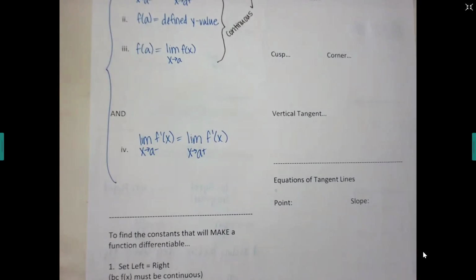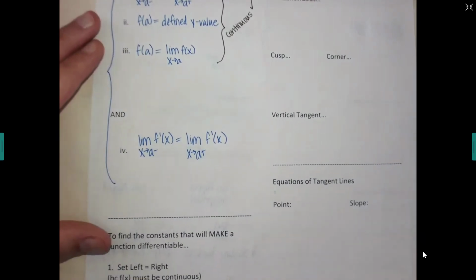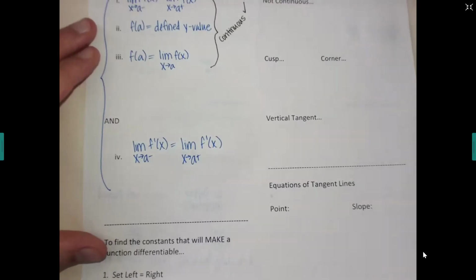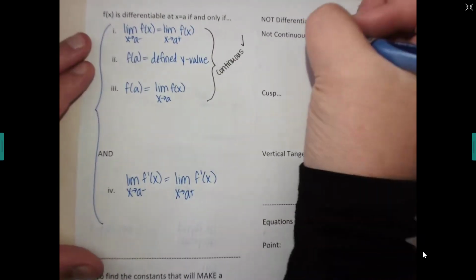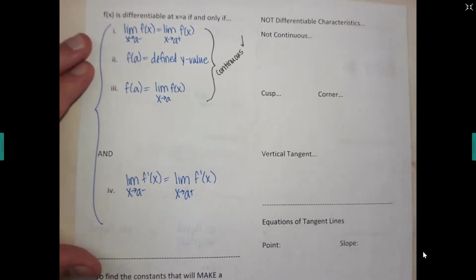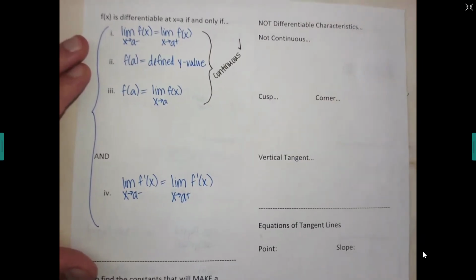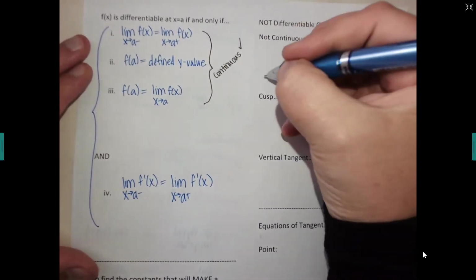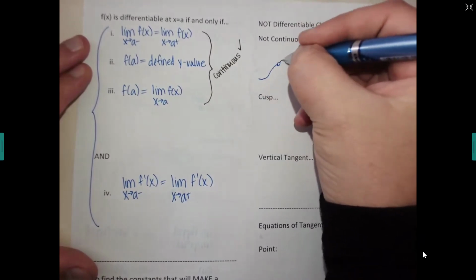Now let's talk about what types of things would make a function not differentiable if you're looking at a graph. There are 4 indicators; you'll see them over here on the side. If it's not continuous, it's automatically not differentiable. I'm going to draw all 3 types. You could have a hole.